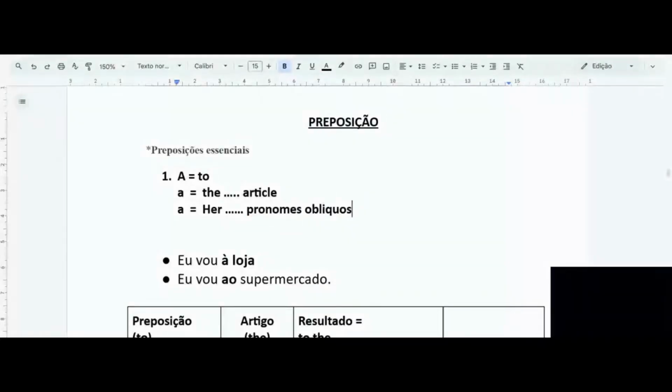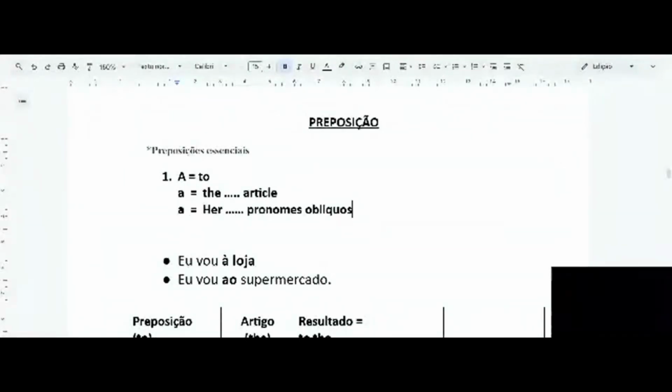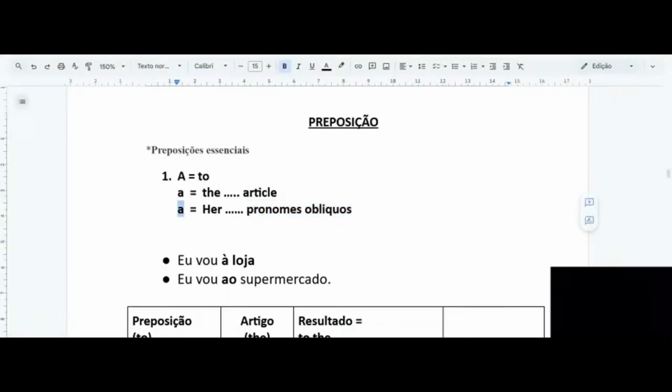We have personal pronouns, possessive pronouns, demonstrative pronouns, interrogative pronouns. There are many. So under one of the pronouns, we call this one oblíquos. It also means her. For this one, we have not treated it, so if I explain it to you, you won't understand it tonight. But the second one is the one we do in the articles.